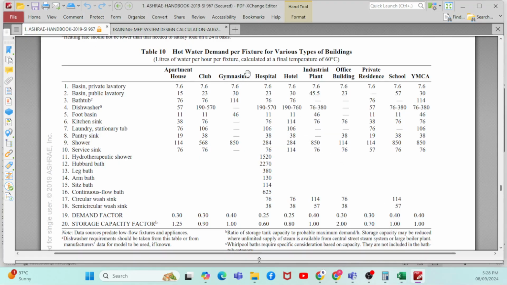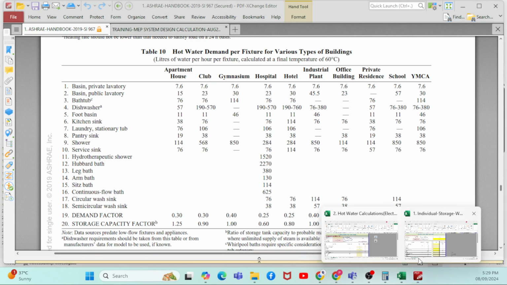So you can see here the calculated final temperature of 60 degrees Celsius. Whenever you say 60 degrees Celsius, it will be considered as hot water, which is more than 45 degrees Celsius. If you go to the IPC standard, they have given that particular value for when you have to consider it as hot water. Below that, it will be normal water. So here hot water is considered as 60 degrees Celsius as per ASHRAE.